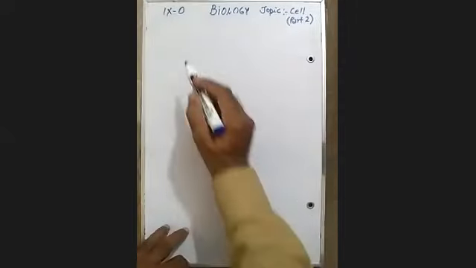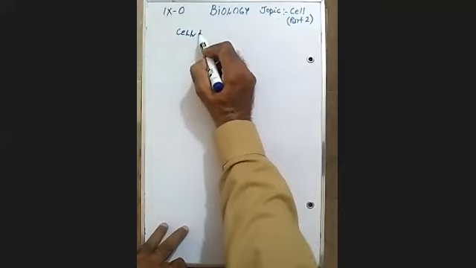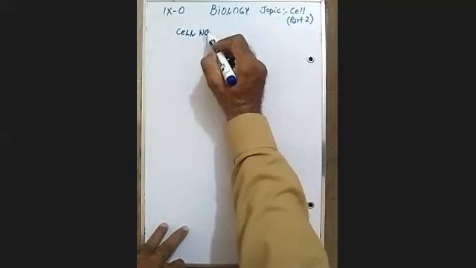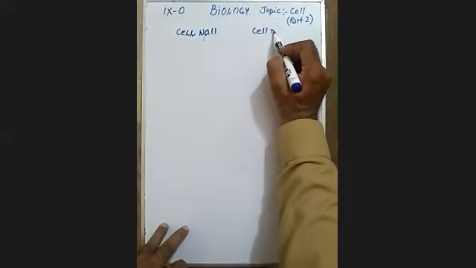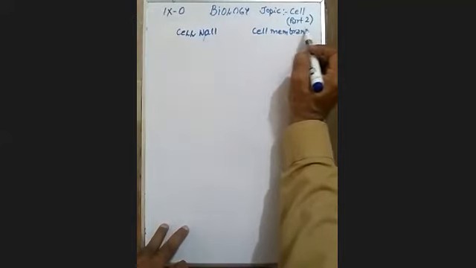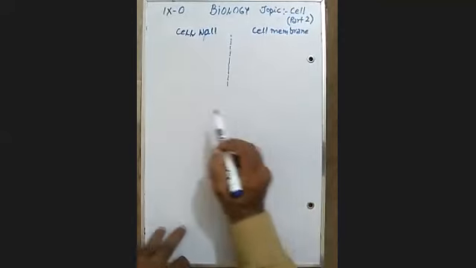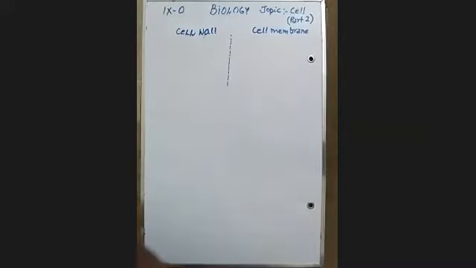As I told you, it is better to make a two-column table. What is the difference between cell wall and cell membrane? I am writing down the points. First of all, what is the cell wall?